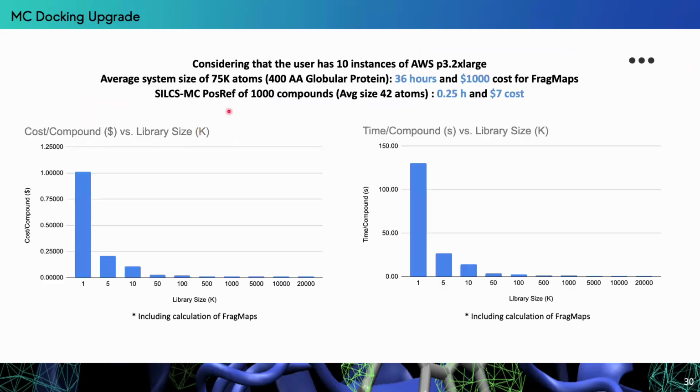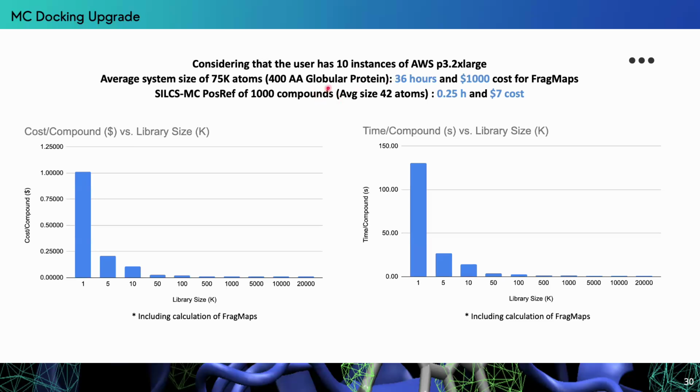For a regular protein with 400 amino acids in a system of 75,000 atoms, it takes 36 hours on 10 of the P3 instances with a cost of $1,000 in total to generate the SILCS frag maps. Indeed, the simulation cost is expensive.